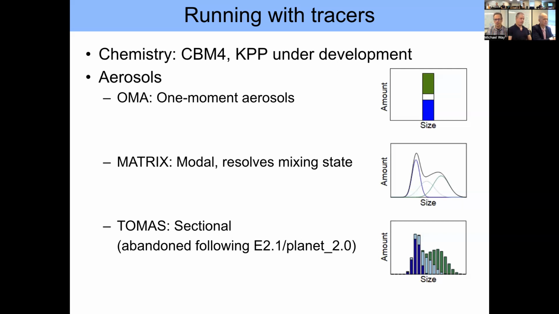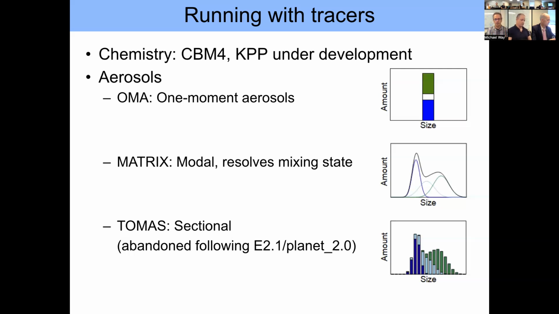So OMA, as I said, is one-moment aerosols. It assumes a certain size per aerosol component, and that size stays fixed, so it essentially simulates only the aerosol mass. And then we have MATRIX that simulates size distributions, and it's a modal model, which means it takes several modes and assumes the aerosols in every mode are log-normally distributed, and then you combine log-normals to calculate the full aerosol size distribution.